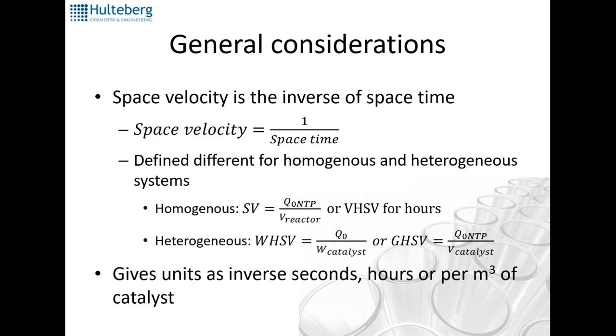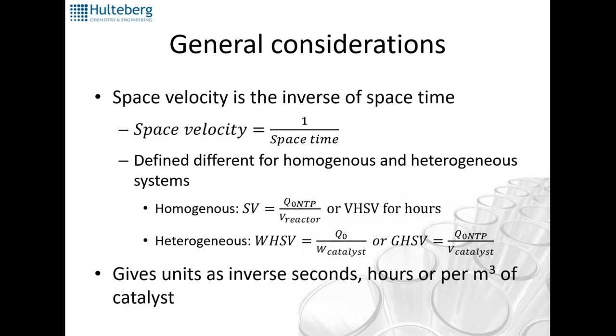And in homogeneous catalysis, we assume that the catalyst is so well distributed in the system that all of the reactor volume is active. In heterogeneous catalysis, you can't really make the same assumption, because the important part is not the reactor volume, it's the amount of solid material you have inside the reactor.